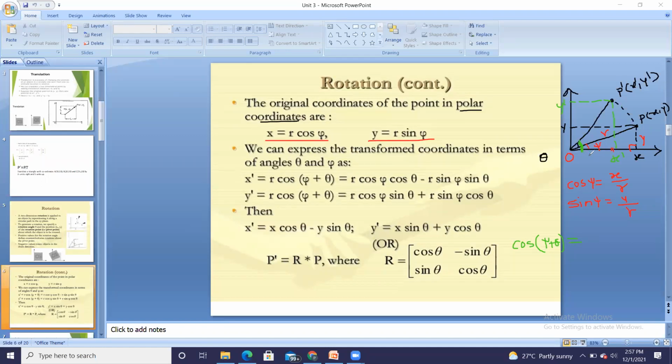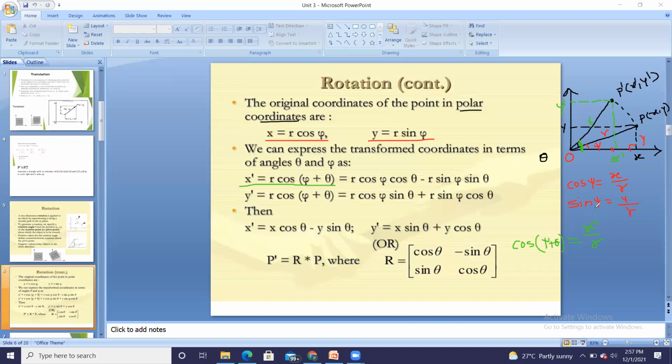So a side which is closer to it divided by r. R is going to remain the same because it is acting as a radius only. So the point is moving on the radius. So cos of psi plus theta is x dash divided by r. I will multiply it on this side and I will get x dash as r cos psi plus theta. So x dash is equal to r into cos of psi plus theta.